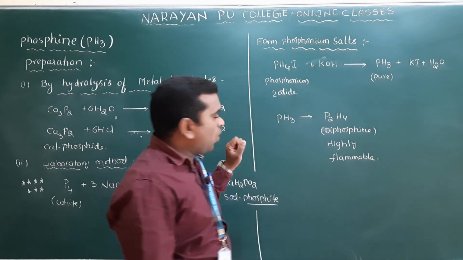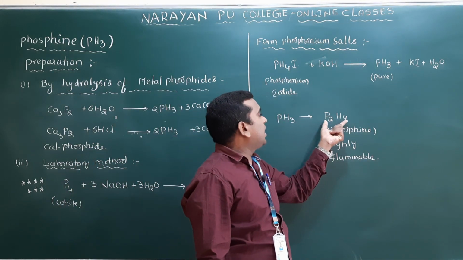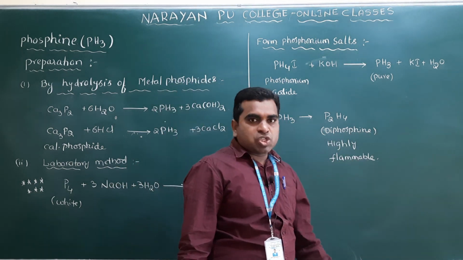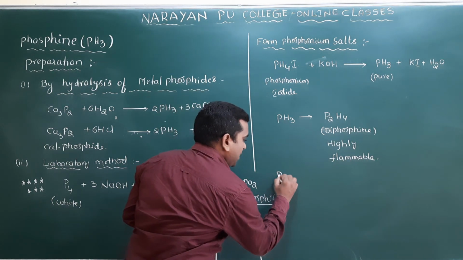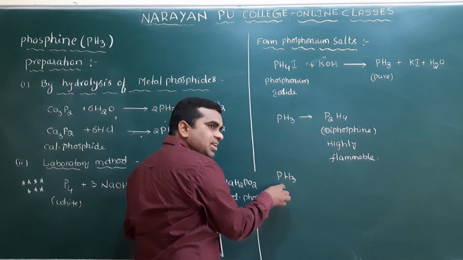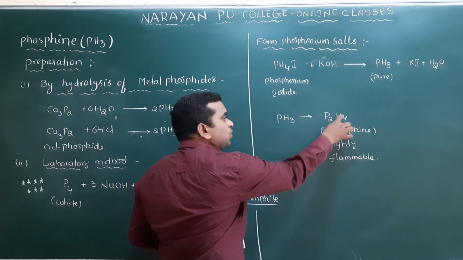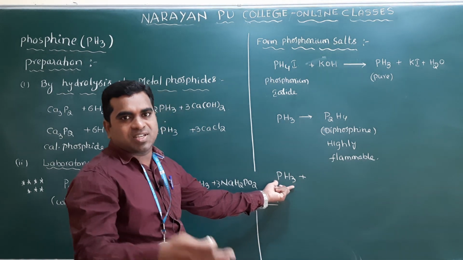So while preparing PH3, you should remove the P2H4, diphosphine. How to remove it? Take the phosphine mixture, which is always contaminated with P2H4. P2H4 is an impurity.